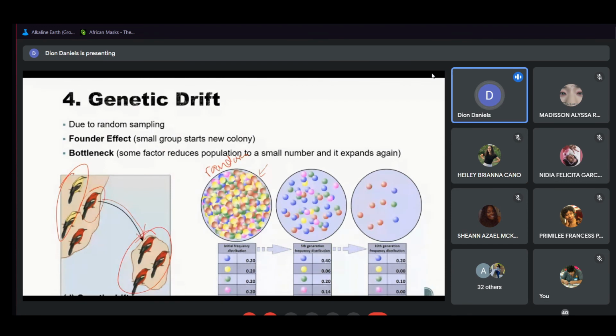So if that bottleneck happens, you see we went from 20% of each color down to: we still have 20% green, we still have 20% red, but we only have 0.14 pink, 0.06 yellow, and 0.4 blue. So by this random thing, we have changed our frequencies.